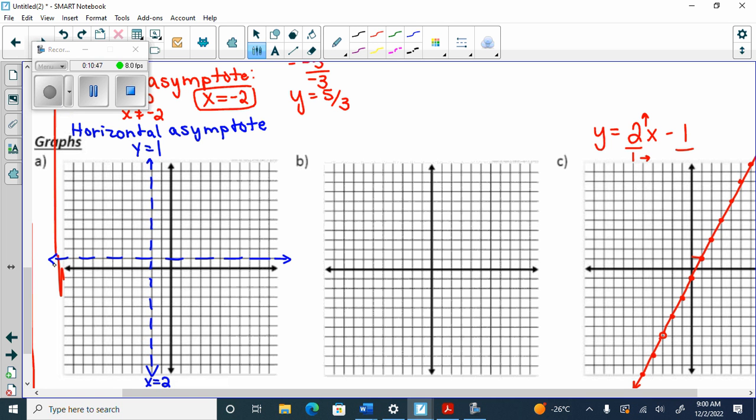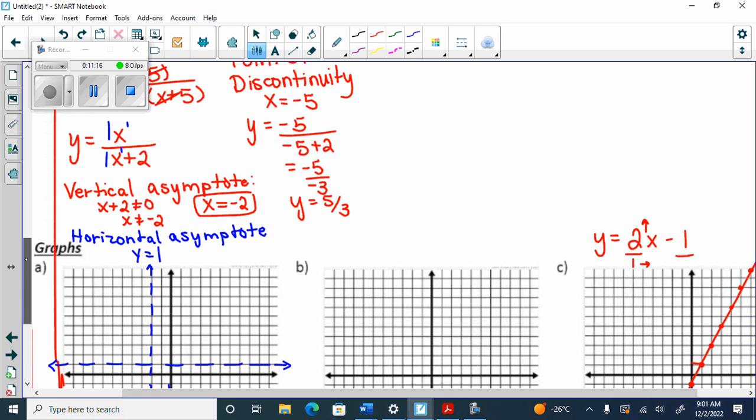So the parent function of a rational, 1 over x, actually lands you here, correct? Any reflection is going to land you in these ones, right? If it's a reflection in the y-axis, this one's going to go here, that one's going to go there. If it's a reflection in the x, this one's going to go here, here, here, right? Like they're going to move. Did this one have a reflection in it? It's just x over x plus 2. Looks like probably not. But let's type it in. So we're going to type in the one that we have left over.